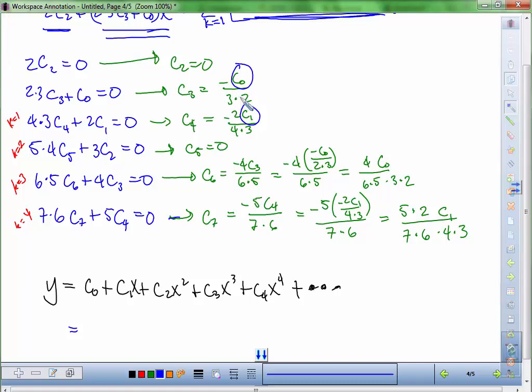Remember, this started off as a second order differential equation. So your power series is going to split up into two functions, one with an arbitrary constant C0 and the other with an arbitrary constant C1. So I'll have C0 plus C1x.